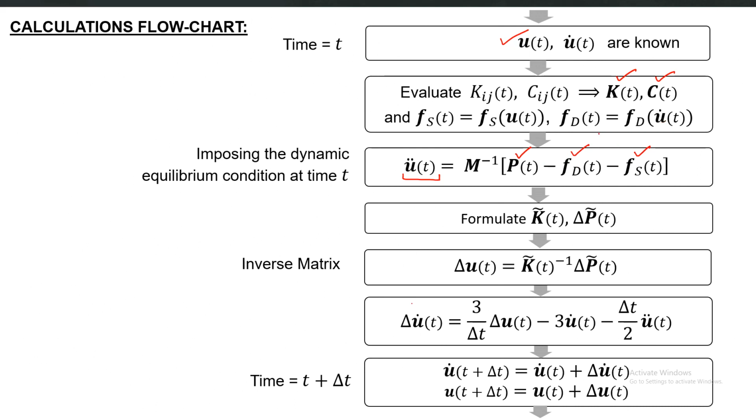one additional step we can add here is to calculate the acceleration vector by just imposing the equation of motion. We already know the equation of motion: M u dot dot plus C matrix into u dot vector plus K matrix into u vector is equal to P of t vector. So if we take the two terms to the other side and take the inverse of the mass matrix, we can calculate the u dot dot vector with everything known at the start of a particular time step.